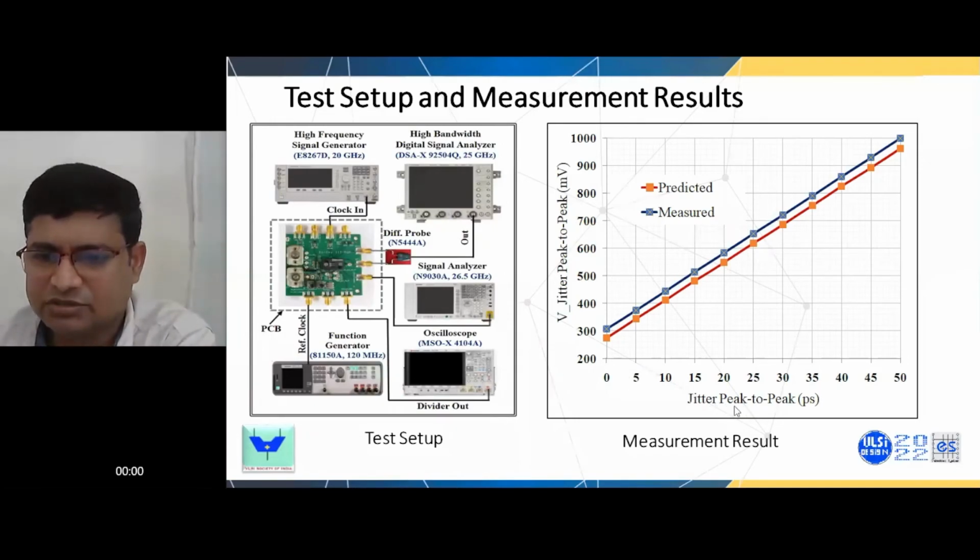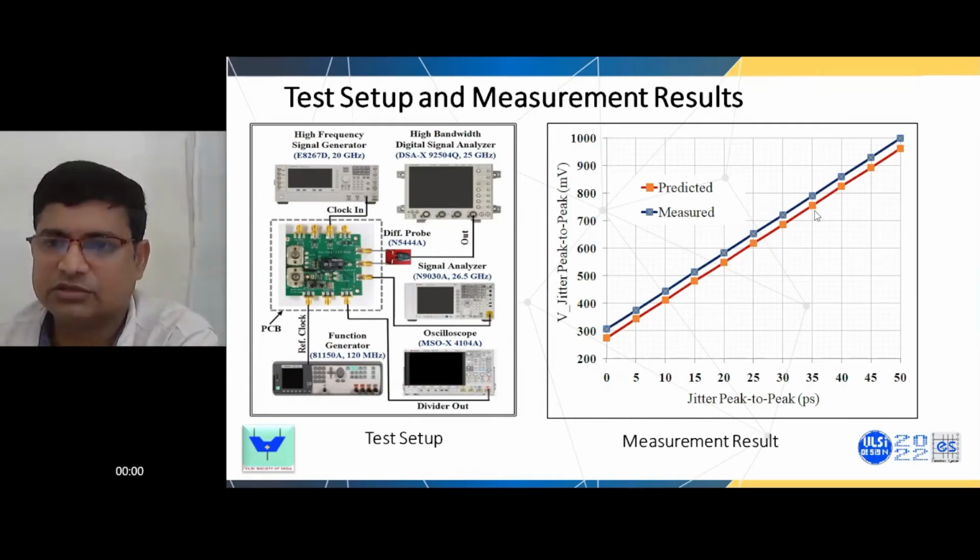So this is the input jitter peak-to-peak, and this is the jitter peak-to-peak voltage, in millivolts. So you can see it's almost following the predicted value, whatever value we have predicted. There are little bit deviations, but it's a good match to that predicted value.